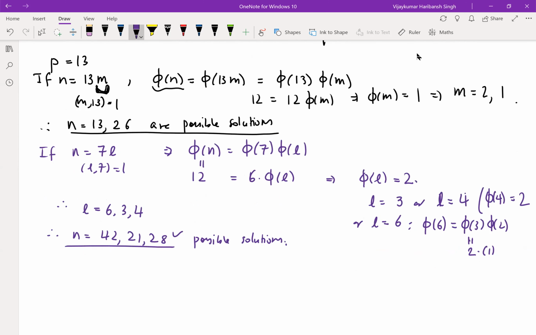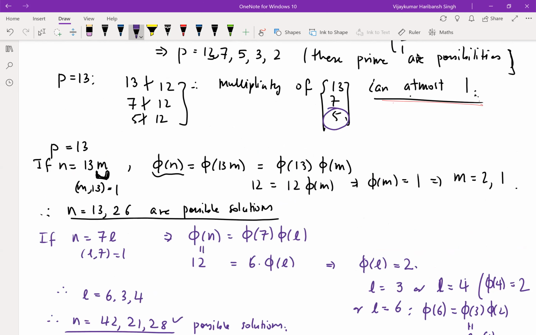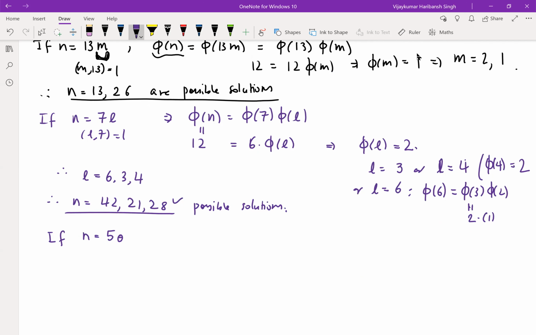Now let's work with n equals 5 times theta. You see here 5 also appears with multiplicity 1. So this is going to be 5 theta, where theta and 5 are coprime. Then we have phi of n equals phi of 5 times phi of theta. On one hand, this is given to us as 12.